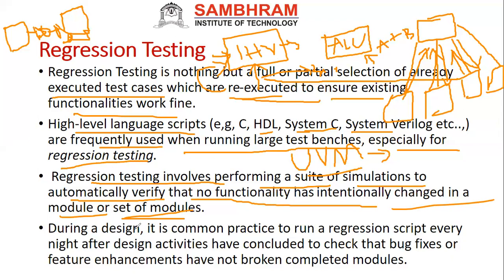So during design, it is common practice to run a regression script repeatedly, every night. See, very important. Because if you take VLSI, as I said earlier, say for example it is 8-bit, then 2 to the power 16 combinations.